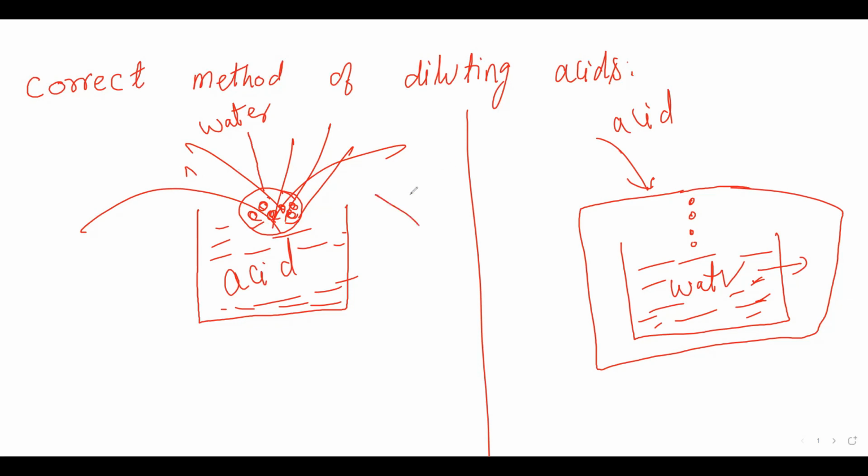So this is the wrong method of diluting. This is the correct method: add acid dropwise to water, continuously stirring the water glass, slowly adding the acid. Hope you understood this concept.